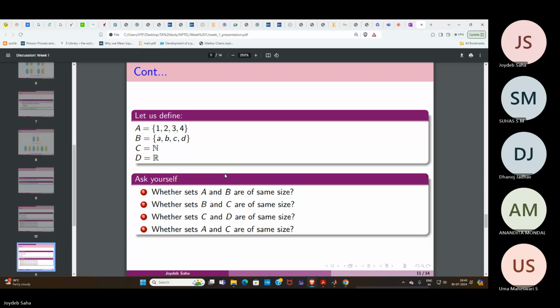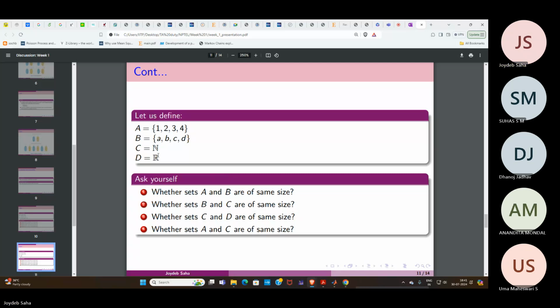Any number that can be expressed as a ratio of integers. Yes, and there are irrational numbers also, like pi, root 3, right? Yes, sir.